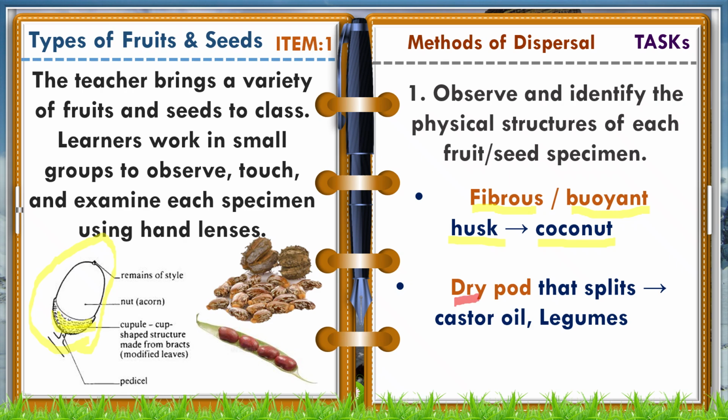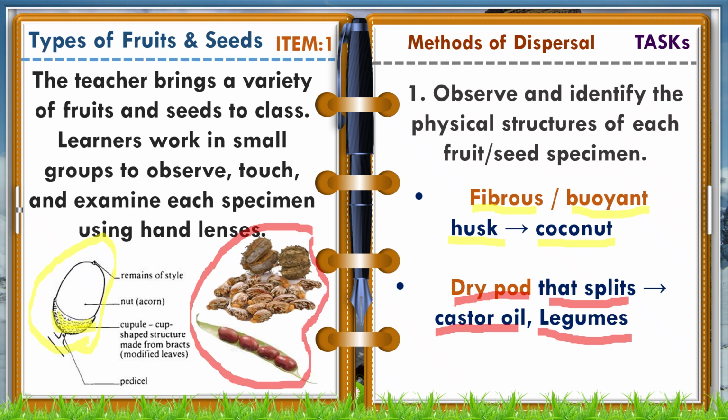Then we have the dry pod that splits. For example, we have castor oil and the legume. These two here, we have the legume and castor oil. When you look at castor oil, you will see lines of weakness.